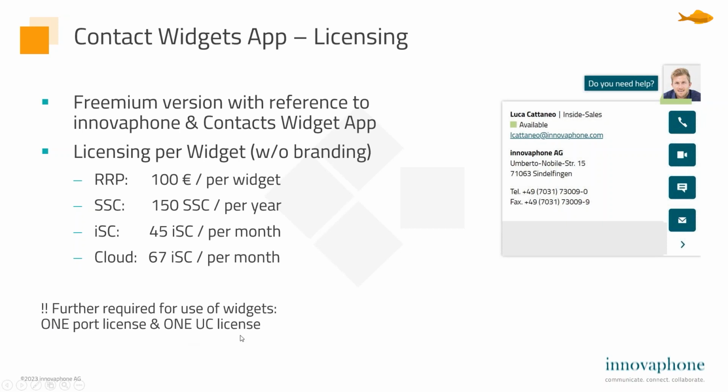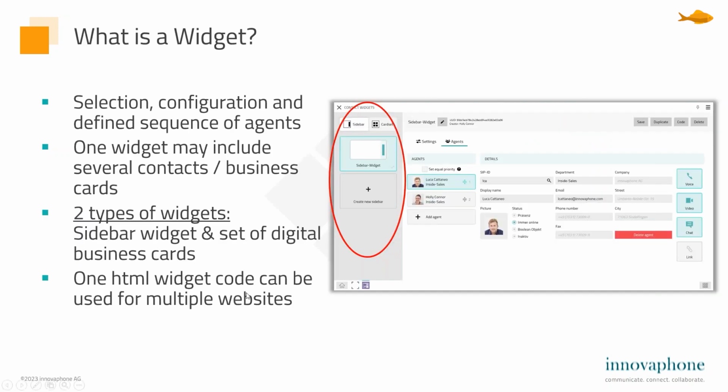Just real quick, so there are no misunderstandings of what a widget is. I just showed you your options between sidebar and the card widget, and then here the single configurations. Every time it's either the sidebar or the card widget, and every time you click on a plus, it would be a new widget.